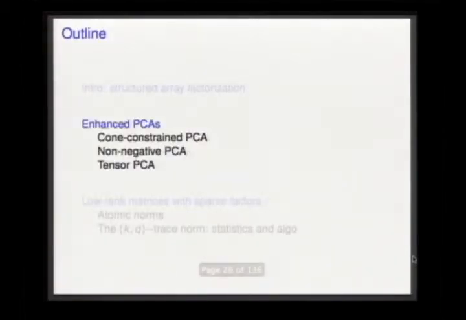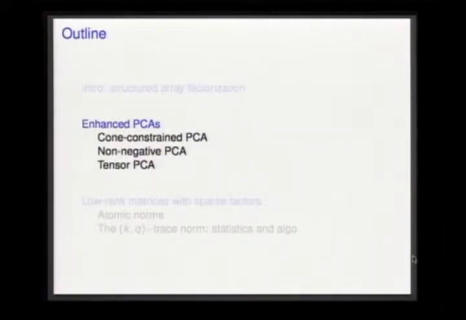So what I'm going to discuss is several extensions of this PCA problem. One is what we call the cone-constrained PCA. We have some extra prior knowledge about this vector, the principal component, that we model as this vector belonging to some cone in addition to being on the unit sphere.